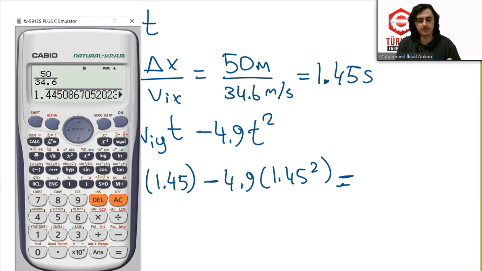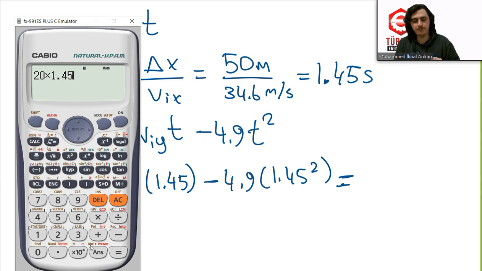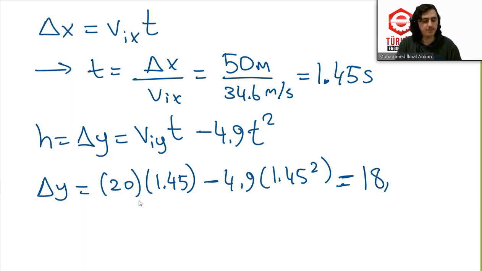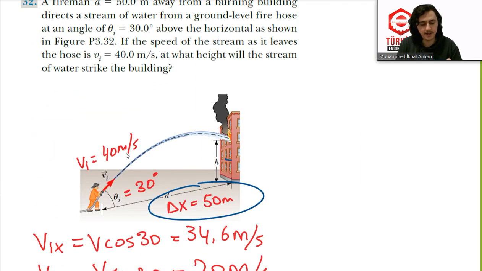So I will get the answer. 20 multiplied by 1.45 minus 4.9 multiplied by 1.45 squared will give me 18.7 meters.